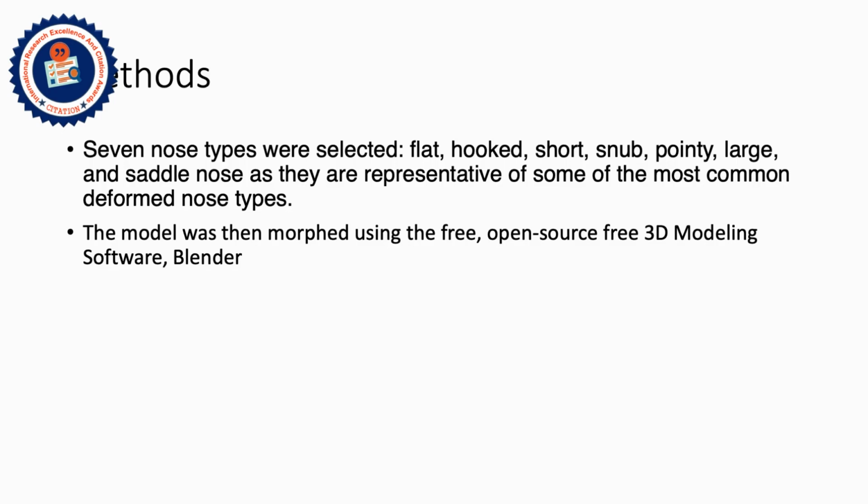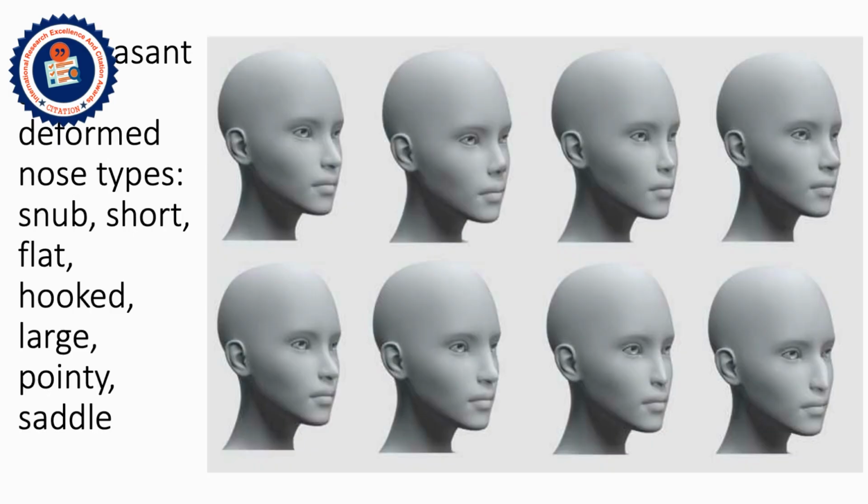Then we morphed the model we had, the GF Pleasant, according to these types, using the free open source 3D modeling software called Blender.